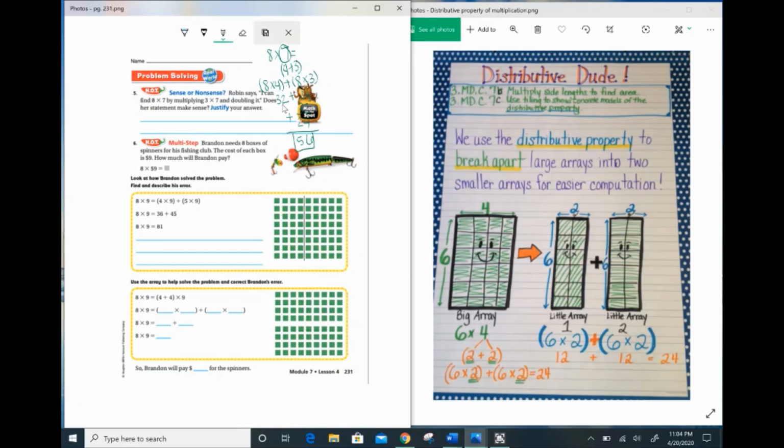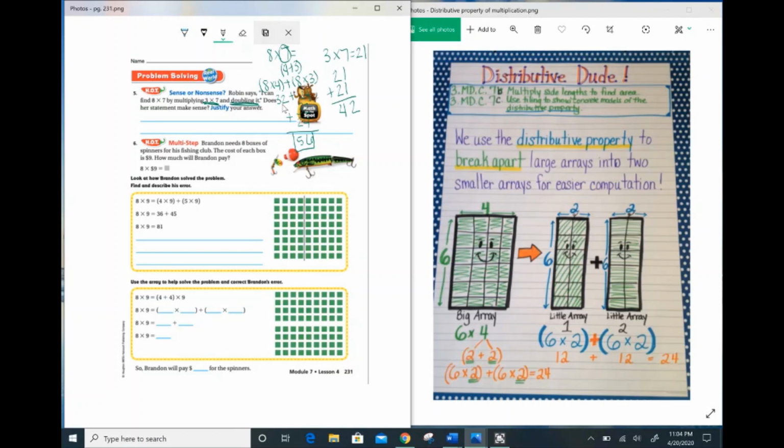Now the next number I'm going to do, remember, they said multiply 3 times 7 and double it. I know doubling it means doing it 2 times. So 3 times 7 is equal to 21. So I'm going to add 21 plus 21. 1 plus 1 is 2. 2 plus 2 is 4.